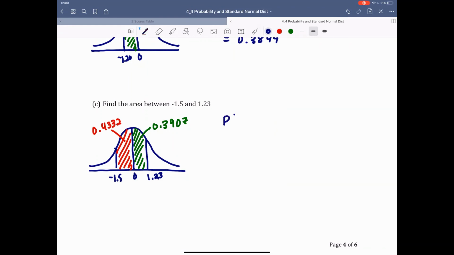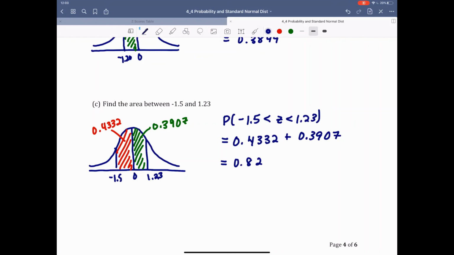So for the probability of being between -1.5 and +1.23, you get the area being between -1.5 and 0, and then the area being between 0 and 1.23, and you add those two areas together for a total of 0.8239. So you could actually say that there's 82.39% chance that your z value lies between those two values.